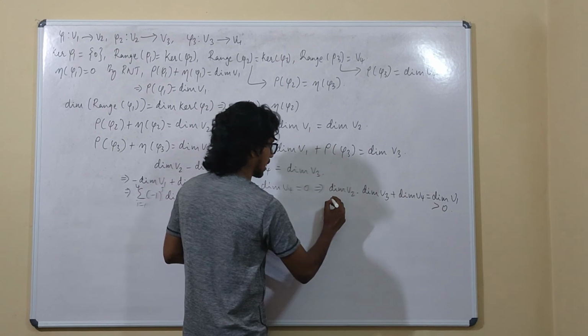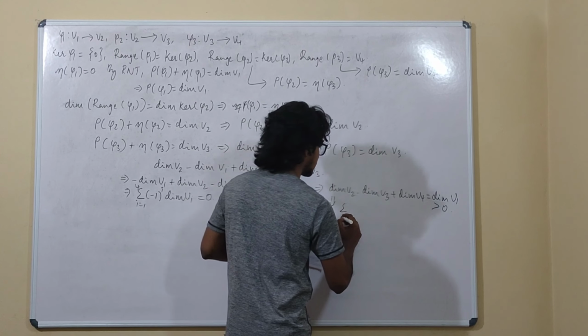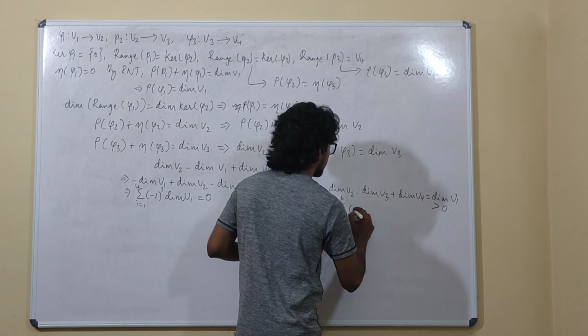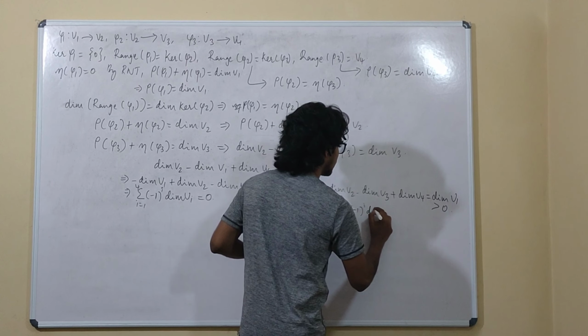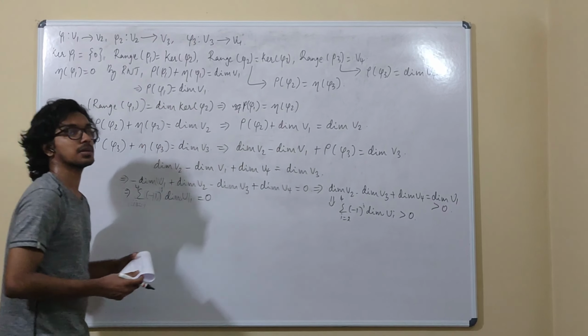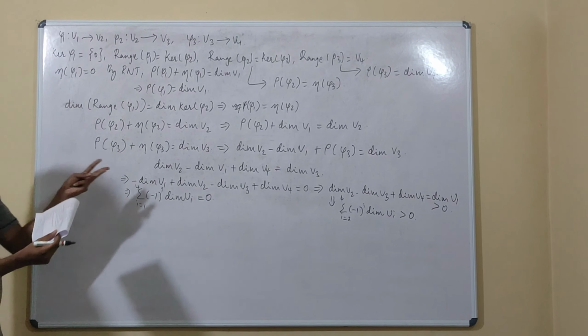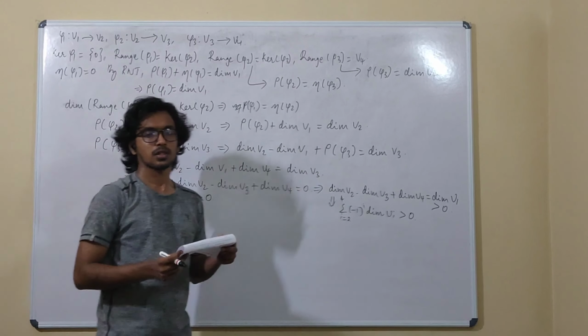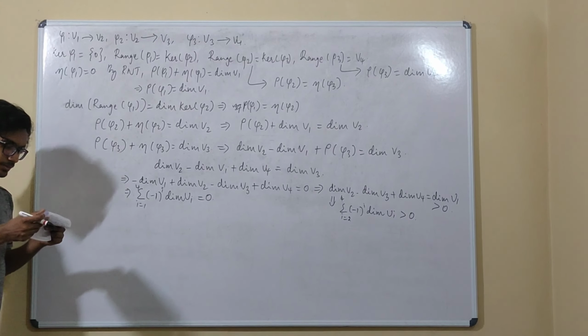Here if you write it in notation form, it is summation i runs from 2 to 4, minus 1 to the power i, dimension of Vi is positive, and that is the second option, hence it is right. Using these ideas, if you check the third and fourth options, they both are false.